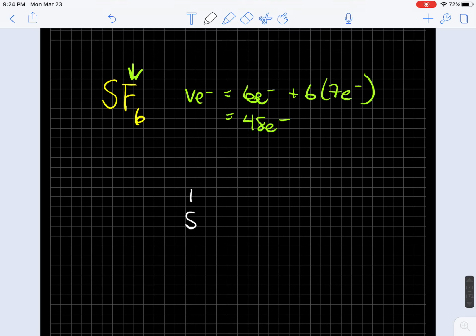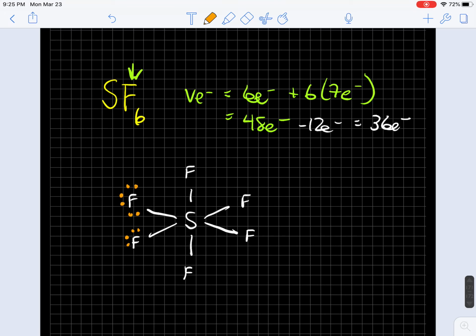Now, the issue is, where do we put all 6 of these fluorines? We're going to put one fluorine at the north pole, one fluorine at the south pole, and then we're going to take the others and spread them out equally on the equator, into the corners of a square. We'll learn a better way of diagramming this a little bit later. That's going to use up 12 of our electrons and leaves us 36 to complete the octets, which is good because each of the 6 fluorines requires 6 more electrons.